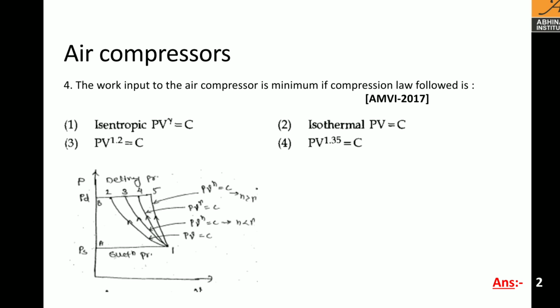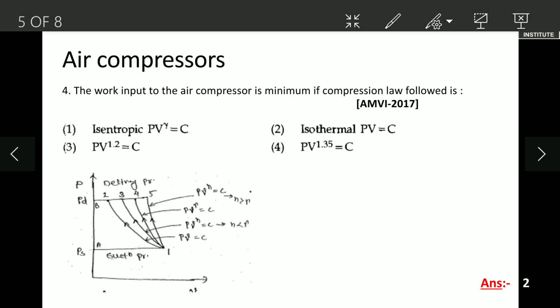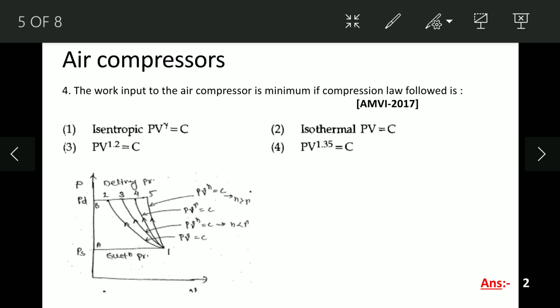Third process 1 to 4, which follows PV raised to gamma equal to constant, and process 1 to 5 follows PV raised to n equal to constant, but n is greater than gamma.